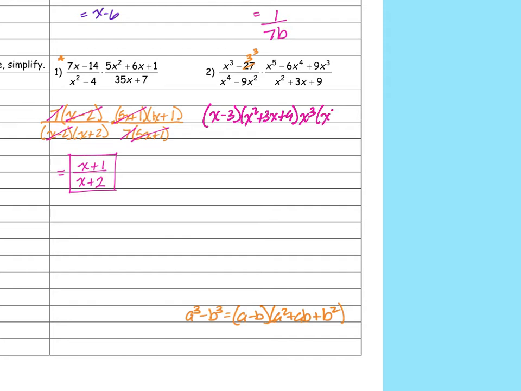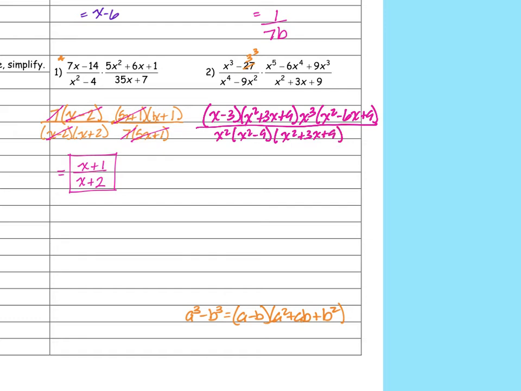All over, let's see, what can I factor out of here? An x squared, and that leaves me with x squared minus 9, all over x squared plus 3x plus 9 for the other one, since that doesn't factor.